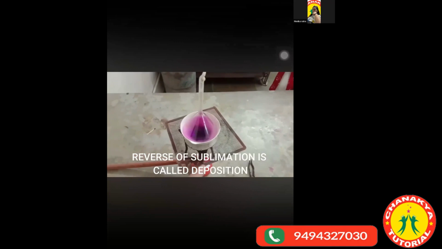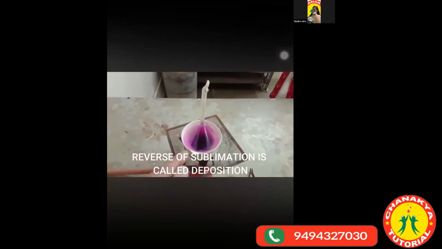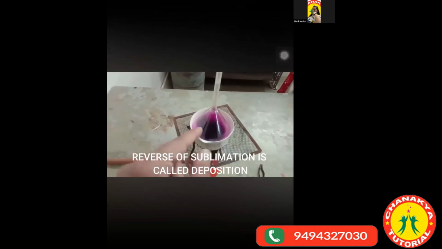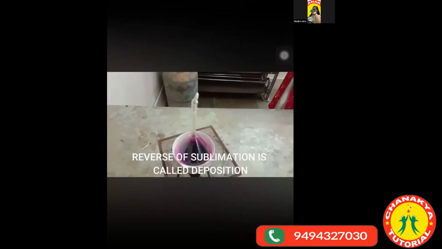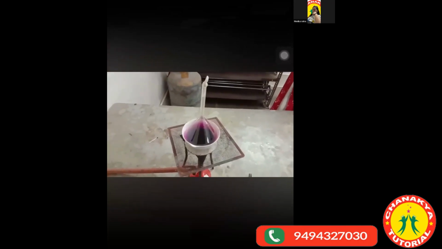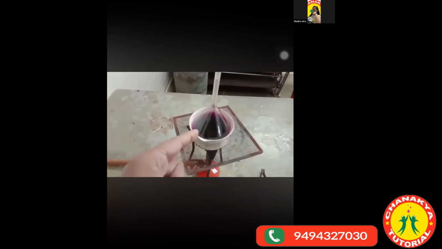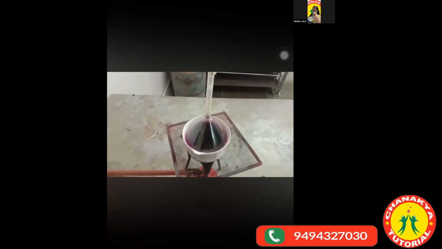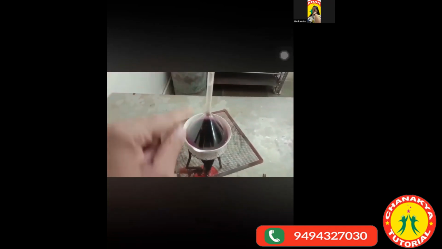Iodine sublimates, that means from direct solid state it will convert into gaseous state, and I don't want these purple fumes to get out, so that's why we have plugged a cotton piece over there. We are expecting the gaseous iodine to get collected on the surface of this funnel, and when we stop heating, that gaseous fumes are going to convert back into the solid state.